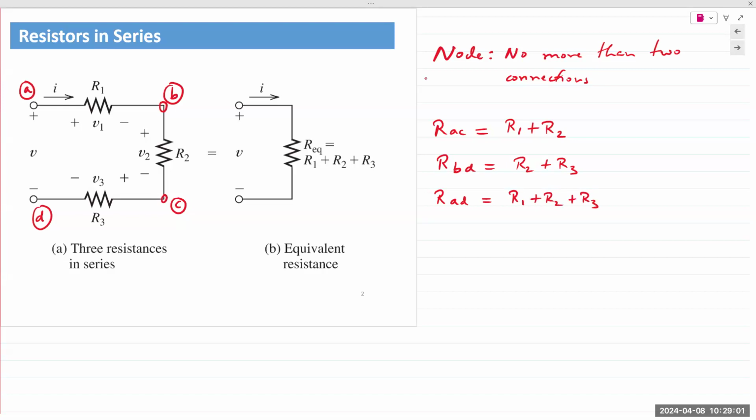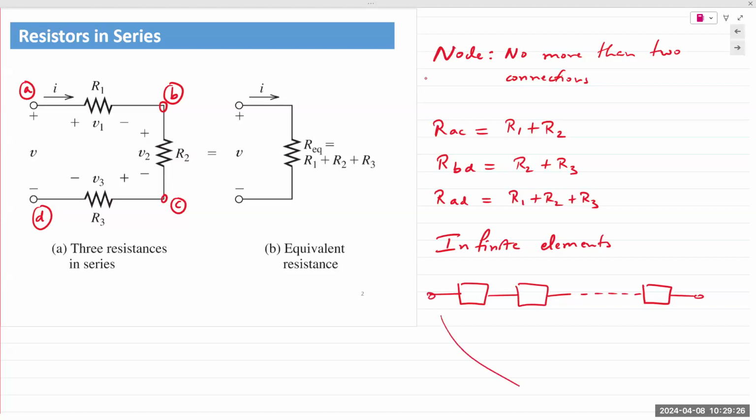For series connections, you can have infinite number of elements connected in series, as long as that rule is still maintained. And between the outer two terminals, we can say they are still in series.